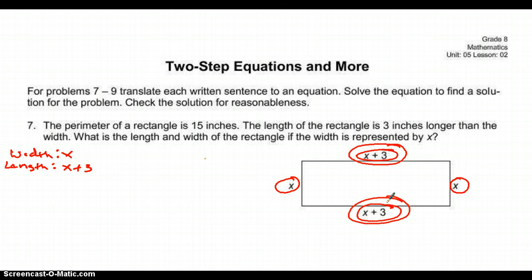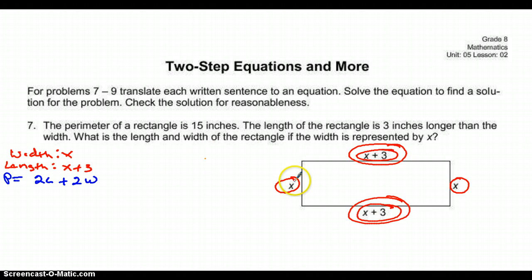Now, what we want to do is think about what the formula is for the perimeter. The perimeter formula is P is equal to 2L plus 2W. Let's see, can we go to work and figure out what they are asking us to do.